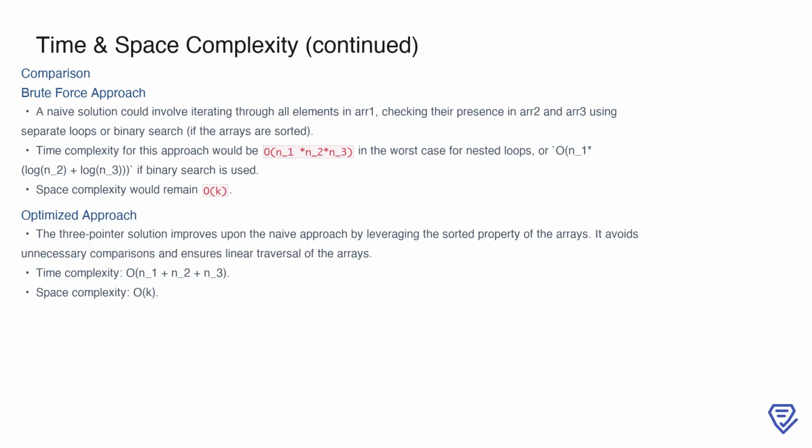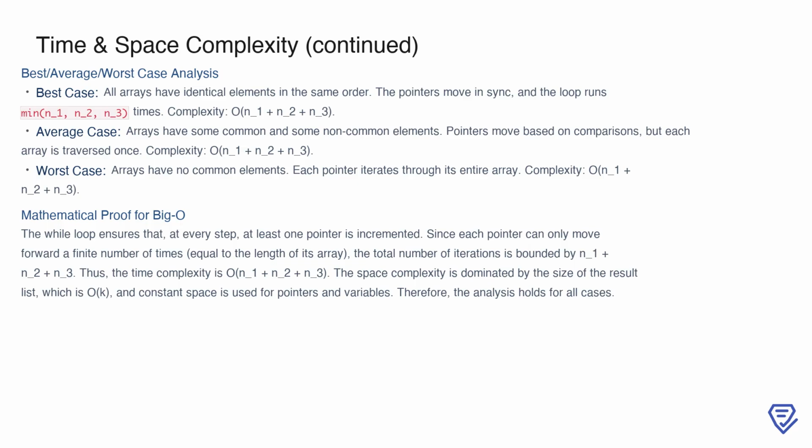Finally, let's break down the time complexity into best, average, and worst cases. In the best case, the three arrays have identical elements in the same order, allowing the pointers to move in sync. Here, the loop runs for min(n_1, n_2, n_3) iterations, but the overall complexity still resolves to O(n_1 + n_2 + n_3).